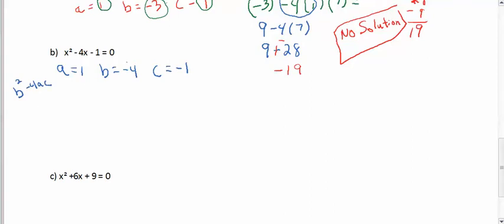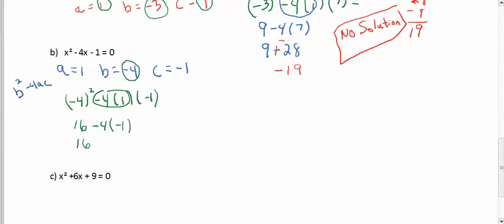So our b is -4, so I'm going to say -4 squared minus 4 times 1 times -1. -4 times -4 is +16. Then I've got -4 times -1, and negative and negative is +4, and that equals 20.